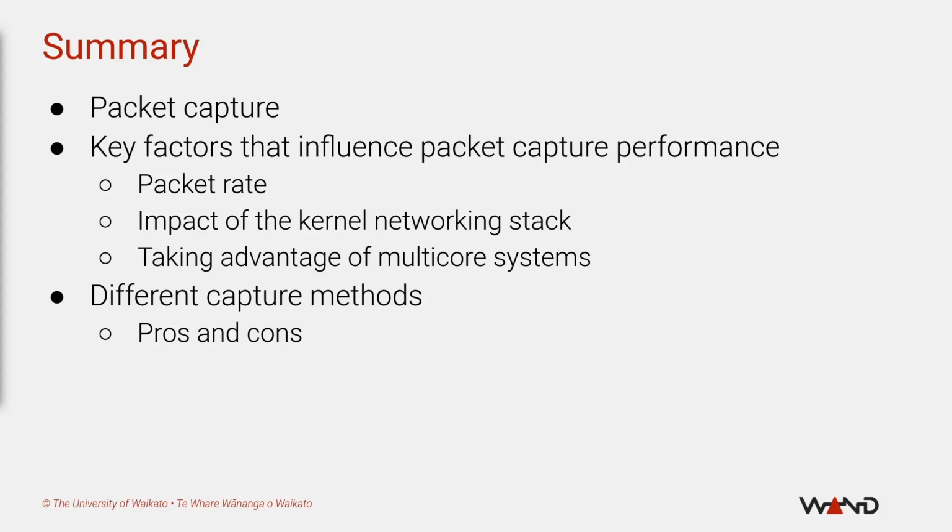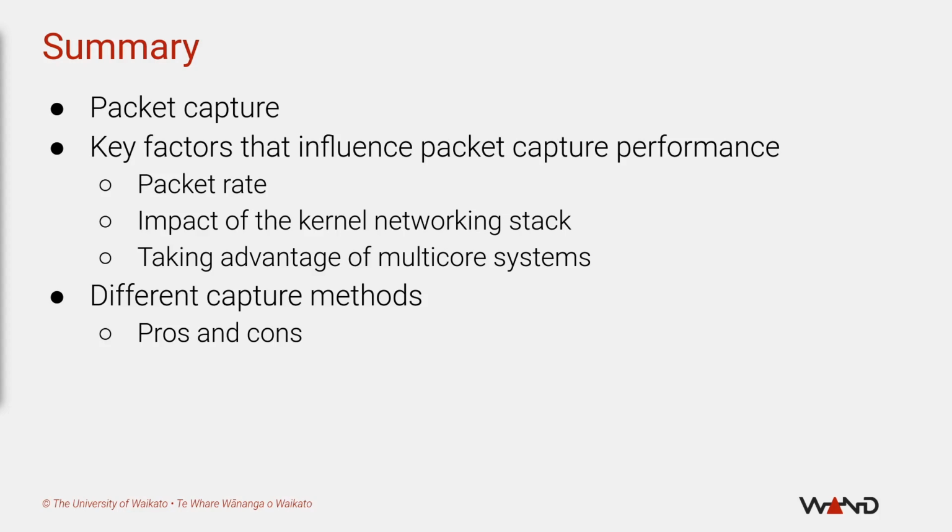So let's sum up. This whole lesson has been about the topic of packet capture, and specifically the key factors that can influence the performance of the packet capture system that will be ultimately driving any LI deployment. We have talked about the importance of packet rate, as opposed to data rate, having the ability to receive and process packets in parallel, and the impact of the operating system kernel overheads on packet throughput.